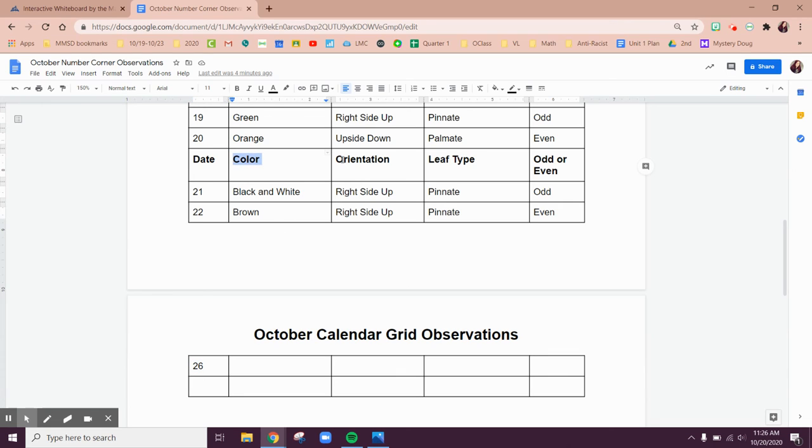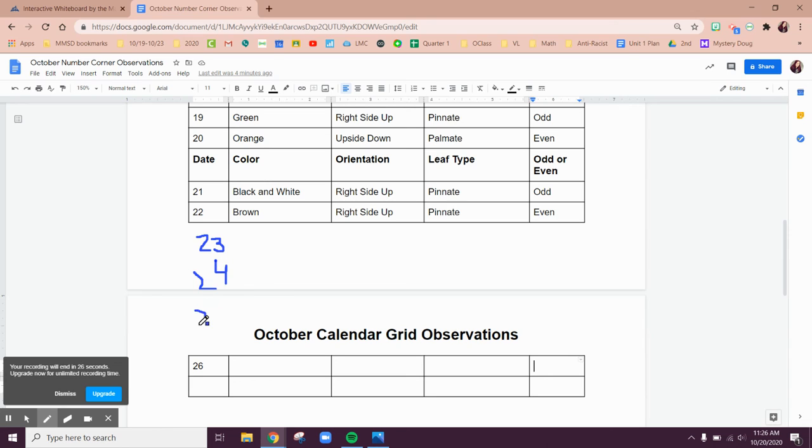We are going to figure out the color, the orientation, the leaf type, and if it's odd or even. So right now, even without thinking about it, do you think that 26 is an even or odd number? Now remember, our chart kind of got mixed up here because we skipped a few days in between. We skipped the 23rd, the 24th, and the 25th.